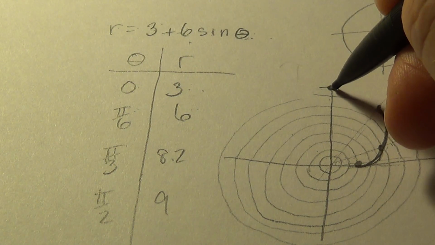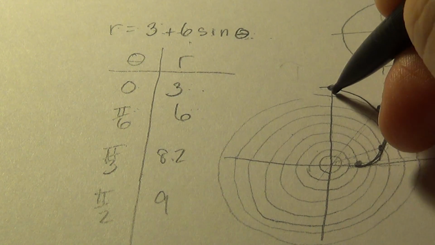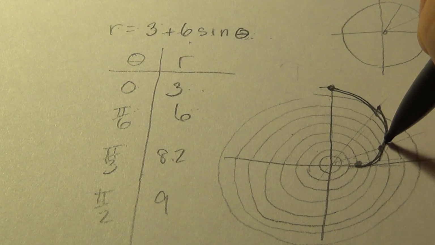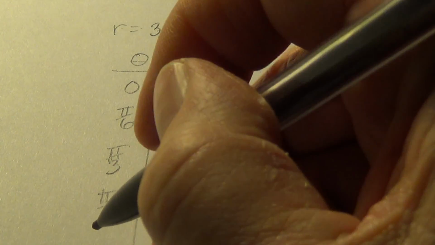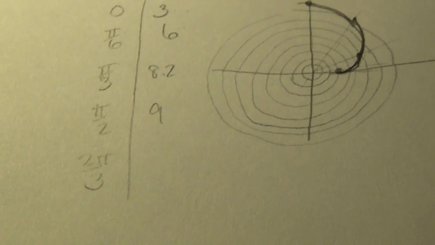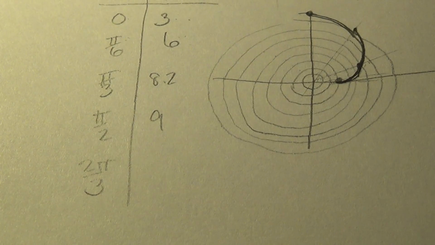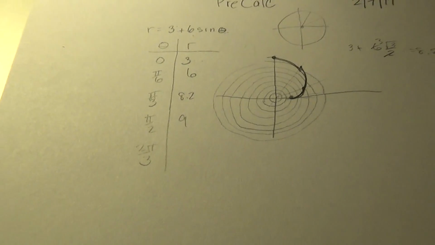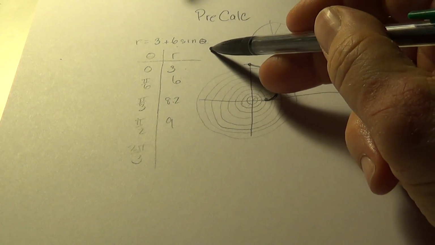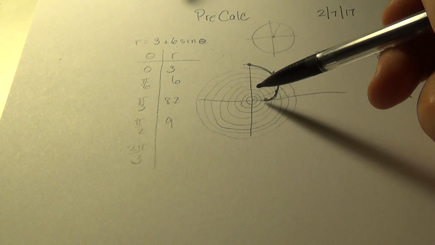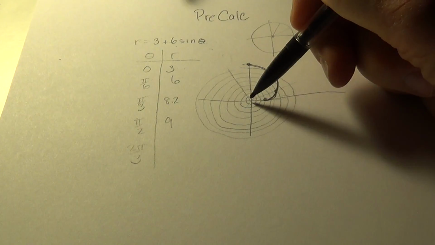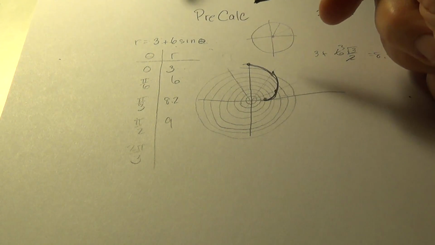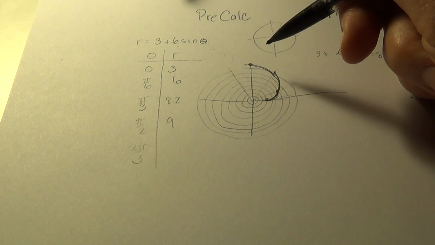So I'm going to keep drawing my line. All right, so that's what we have so far. 2 pi over 3 is going to come up next, and when I put 2 pi over 3 in here, the sine of 2 pi over 3, so along this line, is square root of 3 over 2.